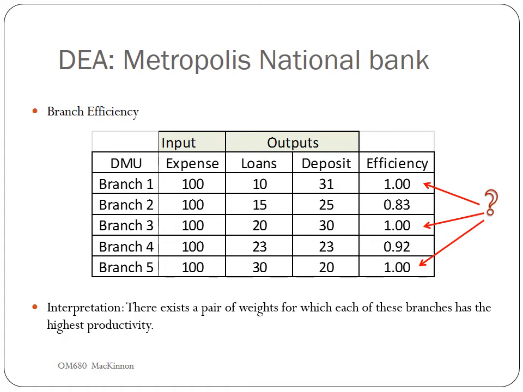But for loans and deposits, there is a set of weights for branch 1 that gives it the highest productivity, a set of weights for branch 3 that gives it the highest productivity, and a set of weights for branch 5 that gives it the highest productivity. Obviously, the weights for branch 1 are different than the weights for branch 3 and branch 5.